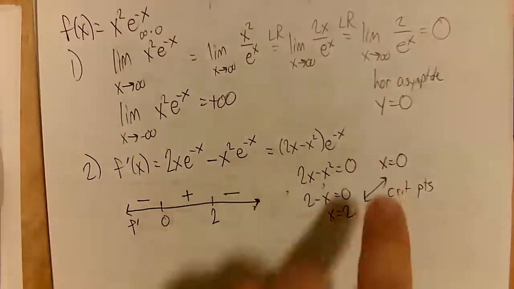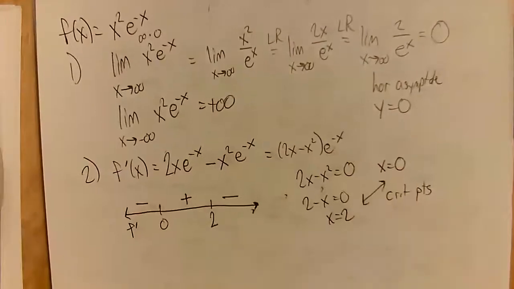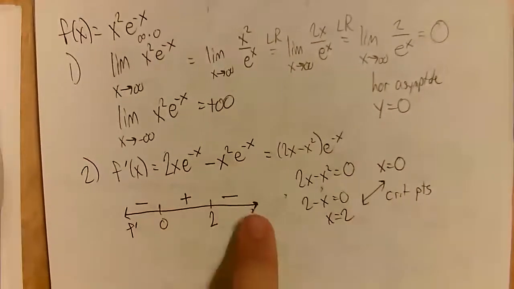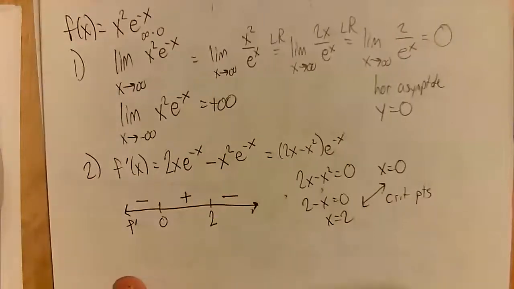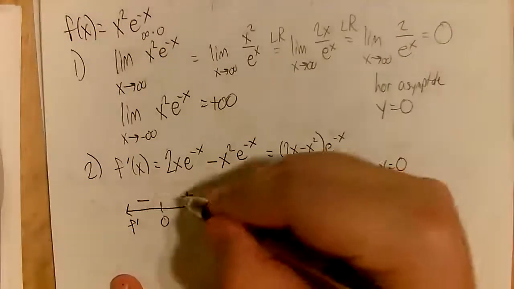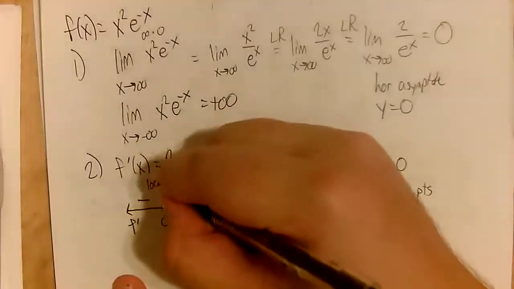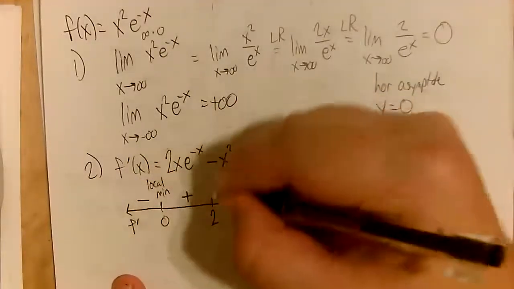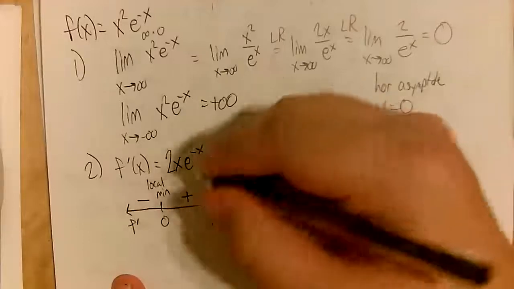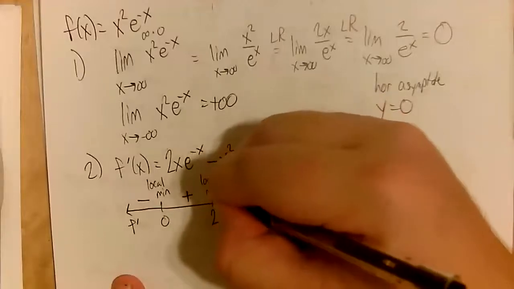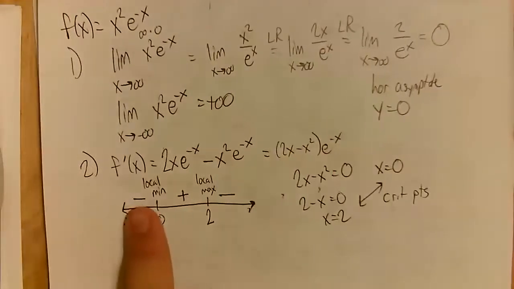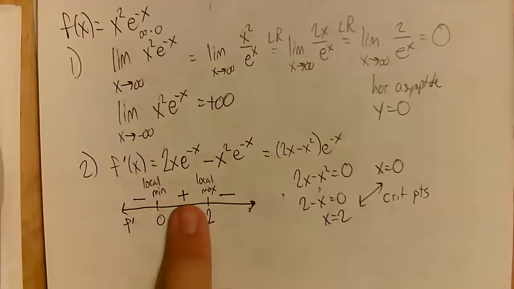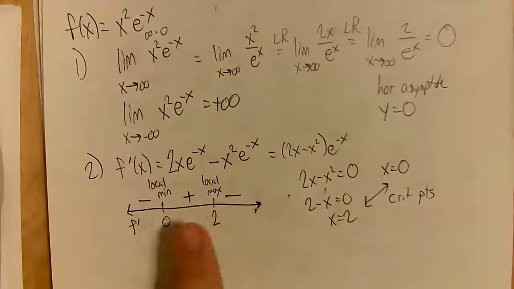And once again, we have a polynomial with distinct non-repeated roots, so we know that this sign chart is going to alternate every single time. All right. Now, since we're decreasing and increasing, this reveals that 0 is a local minimum, and we're increasing to decreasing, this will be a local maximum. So we found our extrema, and we also see that we're going to be decreasing before 0, increasing in the middle here, and then decreasing afterwards.